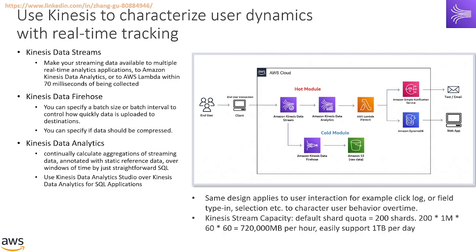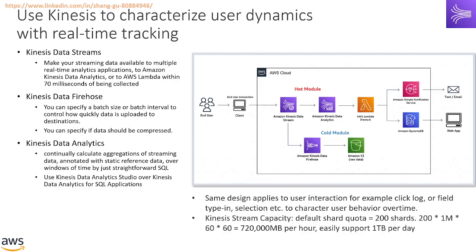On the right-hand side, it demonstrates two data flows from one streaming data source. In the hot path, data is ingested to Kinesis Analytics to analyze and characterize user dynamics in real time. Then the result is sent to a Lambda function, which fans out and writes to DynamoDB and sends email notifications via Simple Notification Service.